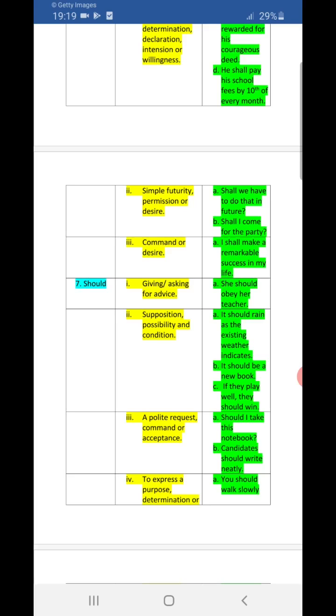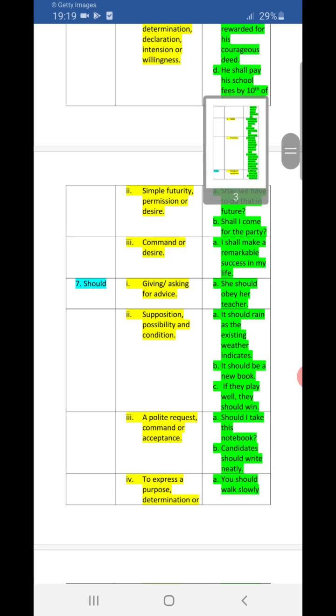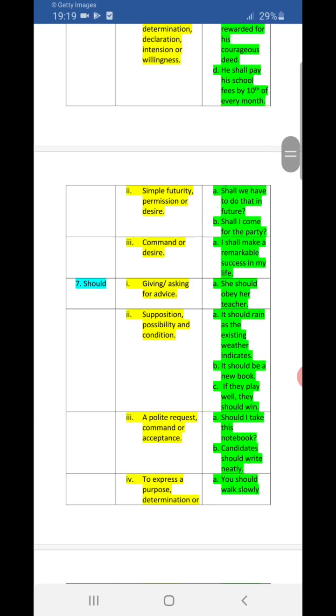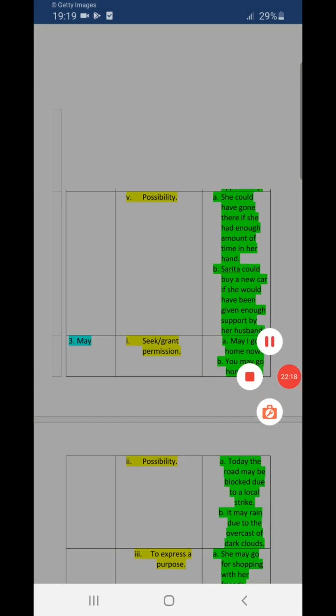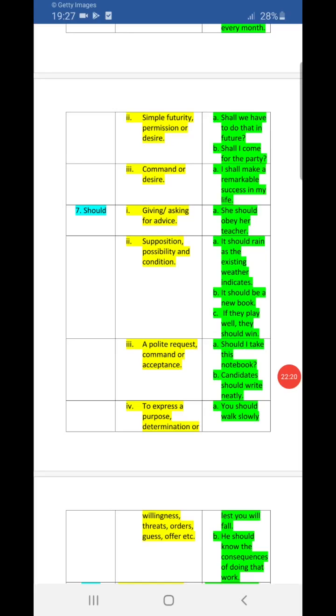Next, number B. Shall I come for the party? So it's basically seeking permission only. Okay. Shall I come for the party? Number 3, command or desire.